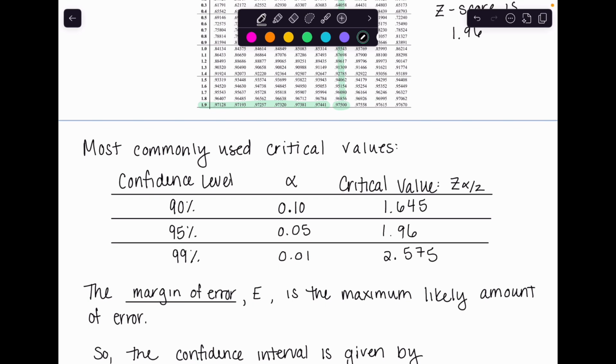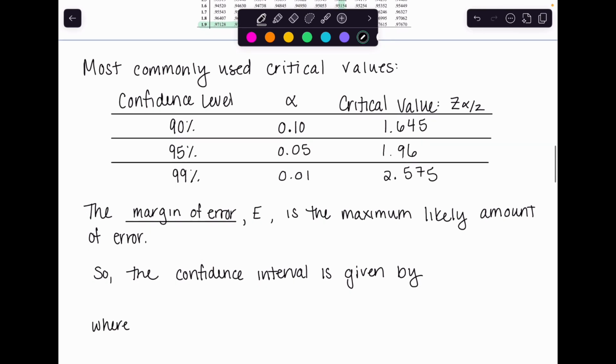So if I want a 95% confidence interval, I need to figure out what is my associated error that I would need to add or subtract to my sample proportion to guarantee I have 95% confidence the true proportion is in these values. So as soon as you find this margin of error E, the confidence interval is given by taking your sample proportion and adding the error, and that gives you an upper bound.